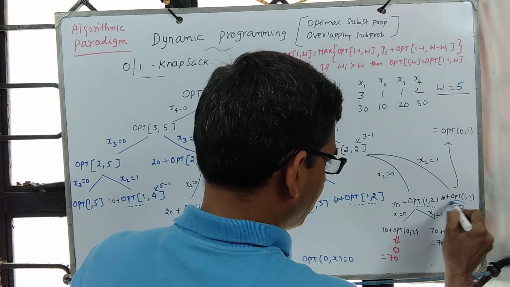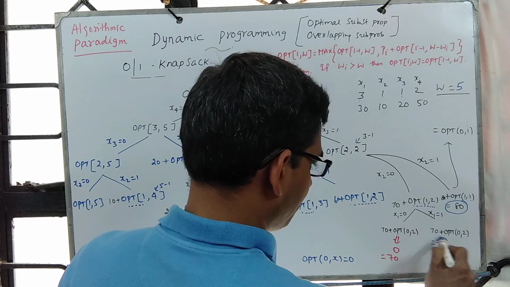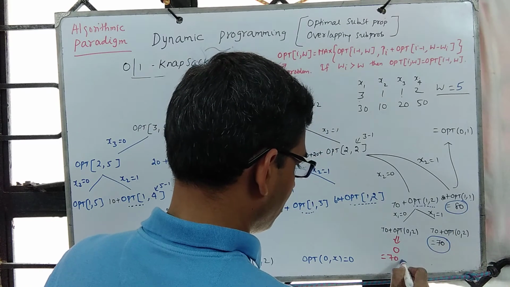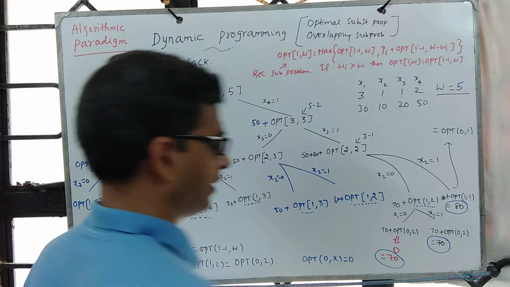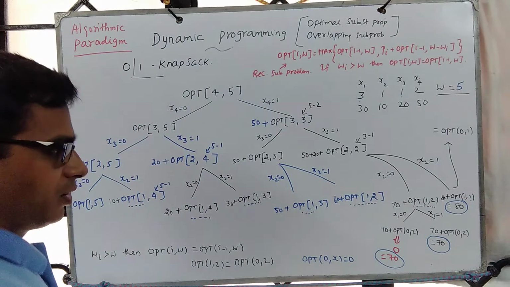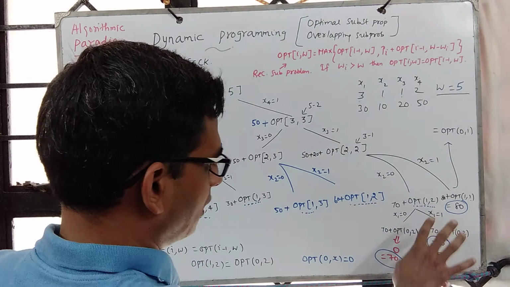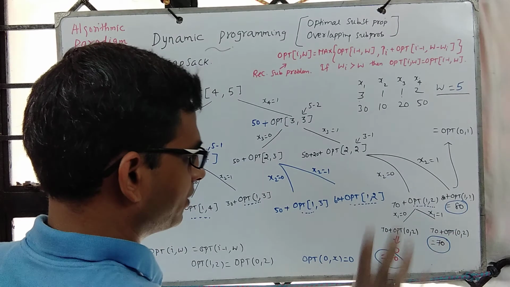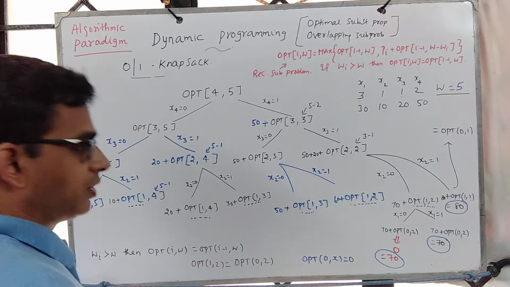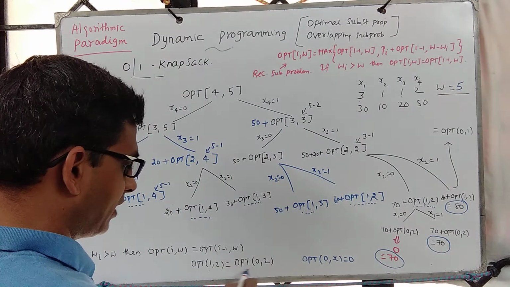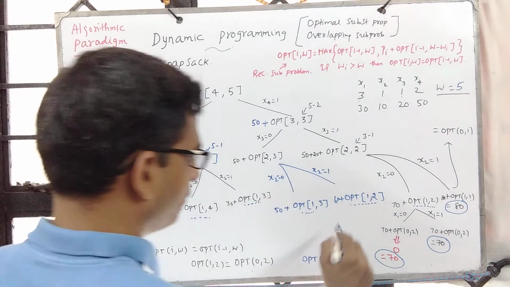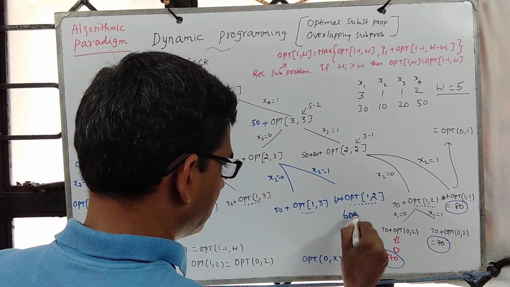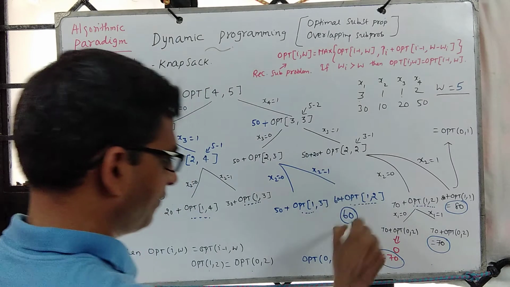So from this one we get 80, from this one we get 70, from this one also we get 70. Or put in other words, opt of 1 comma 2, this is what we get. And just now we observed opt of 1 comma 2 is same as opt of 0 comma 2. So the value returned from this problem will be 60.